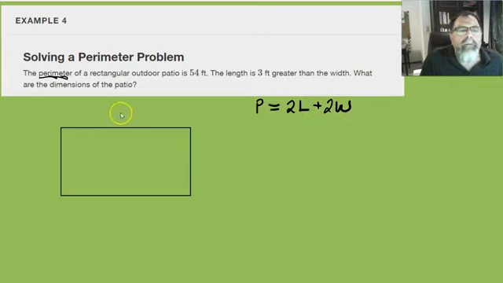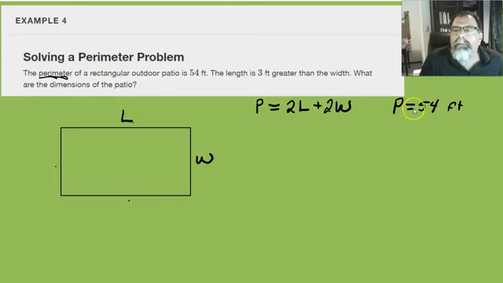If we have the length and the width, you add up the length plus the length, that gets your 2L, and the width plus the width gets you your 2W. Alright, so we know the perimeter is equal to 54 feet.